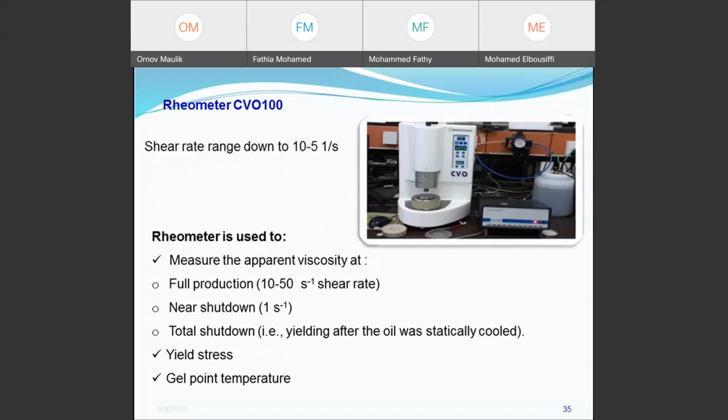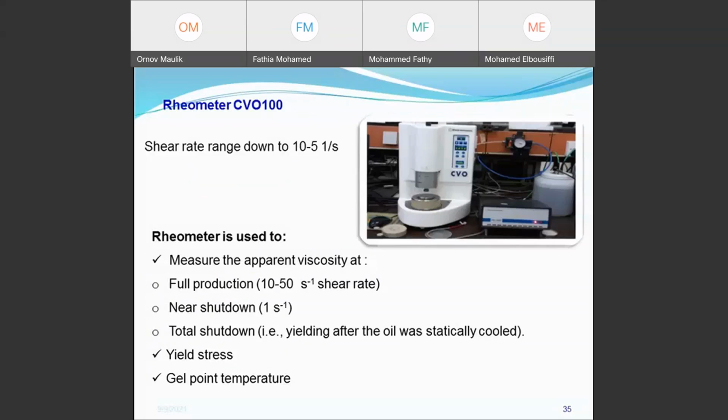For the rheology part, first we use the CVO 100. It has very good resolution, with a shear rate range down to 10 to the power minus 5, which is very good to trace any change in shear stress.